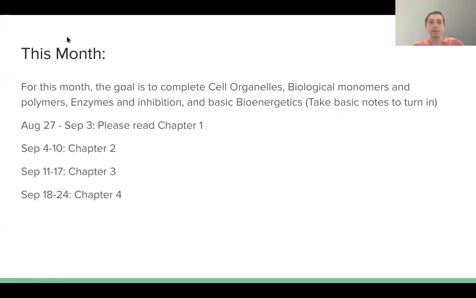Okay, and so here's kind of the plan for this month. So it's just these more basic units, and even if you take an AP biology, I would just say to make sure to actually read through this because a lot of this stuff is much more detailed than what you learn in an AP class.